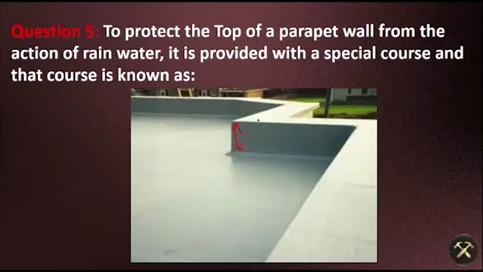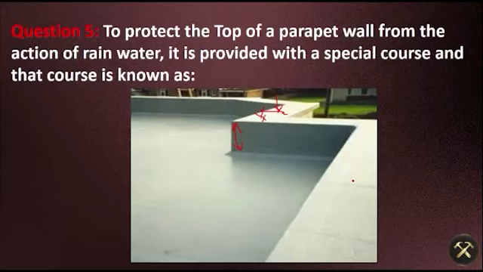One course is applied on the top to protect against rain going inside, because if the rain falls on this, in future it will cause dampness in the structure. So we use one course.